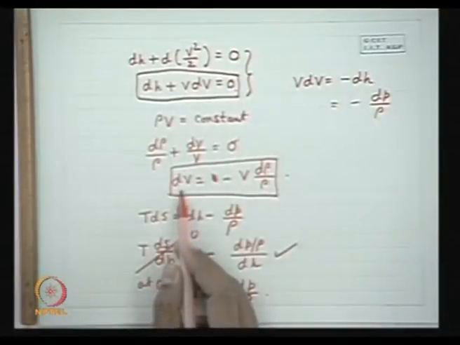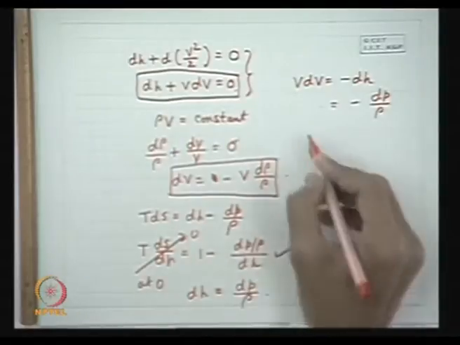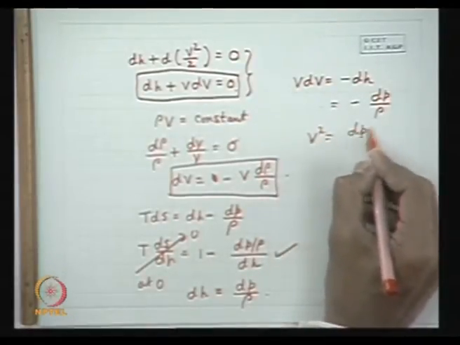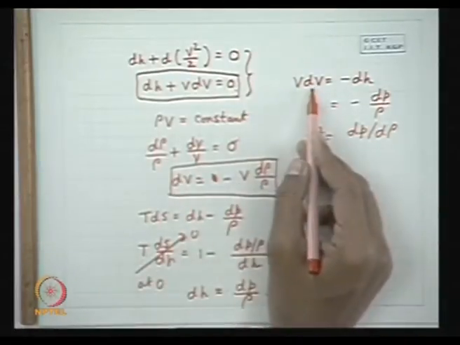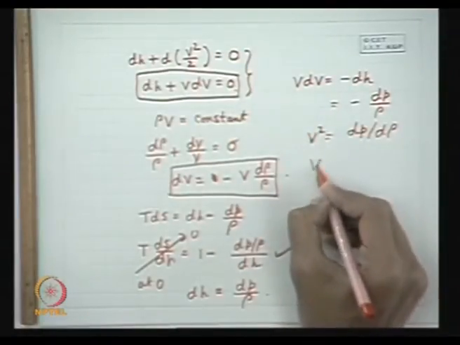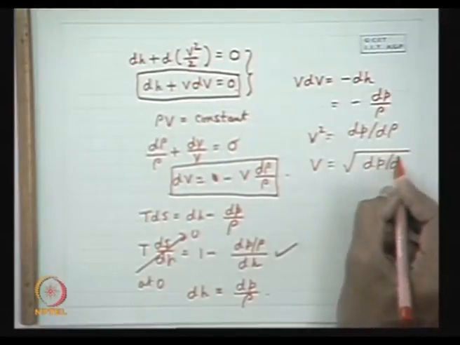What is dV? dV is minus V d rho by rho. If you put that, you will get V square is dP by d rho. So we get a very simple expression, dP by d rho.